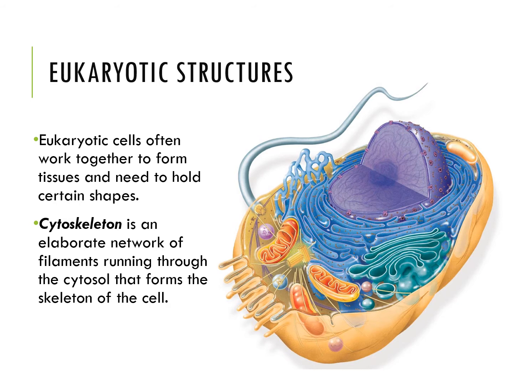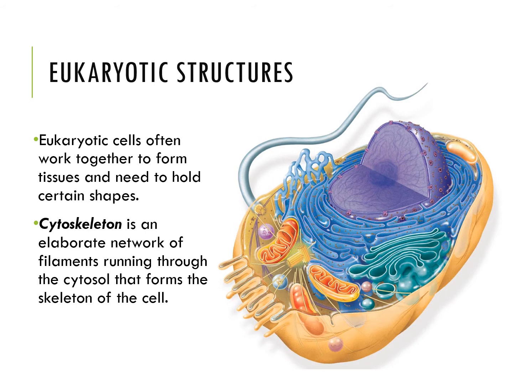Eukaryotic cells often work together to form tissue and need to hold certain shapes. So they tend to have a cytoskeleton, which is just an elaborate network of filaments. We normally call them microfilaments. They run through the cytosol, so you can see some structure going on right here underneath all of this.